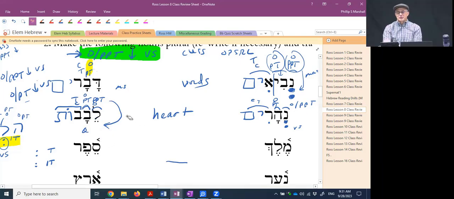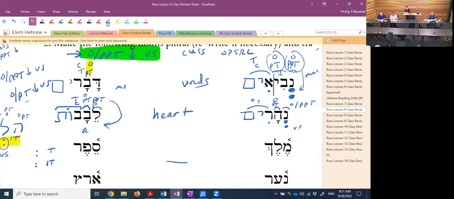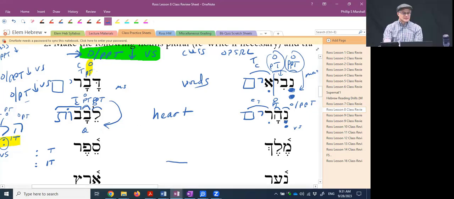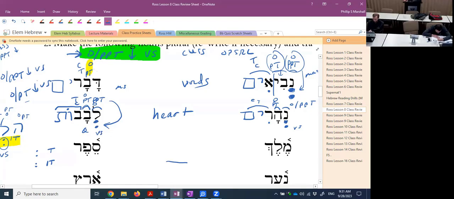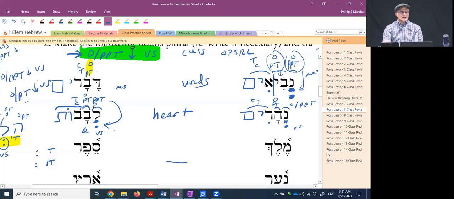Say that, everybody. Reduce to the vocal shva. Say it, everybody. Reduce to the vocal shva. Good. So we're going to change that tsere to a what? Shva. Good. So I get not levavot, but levavot.